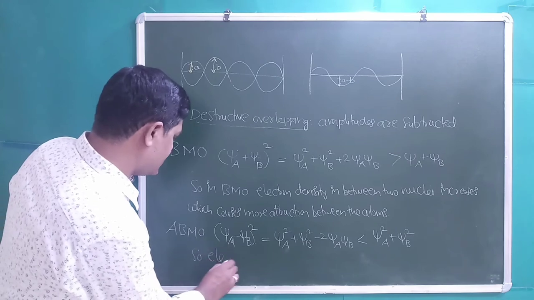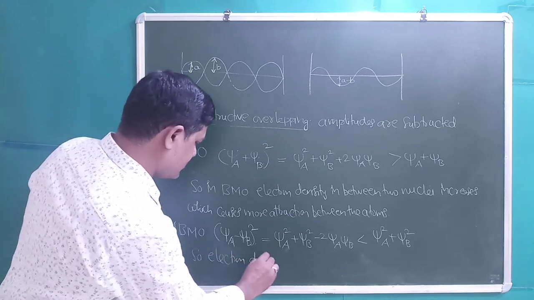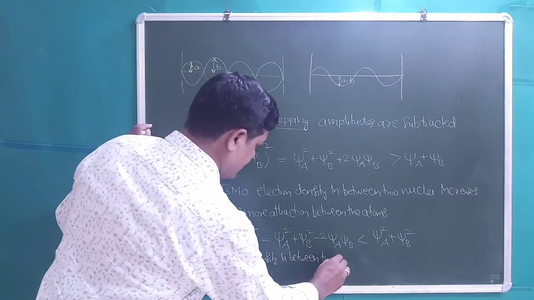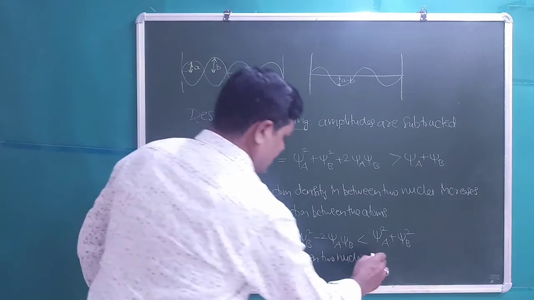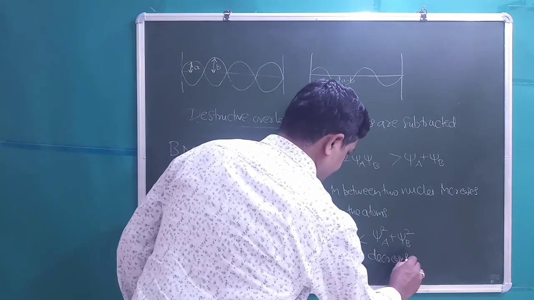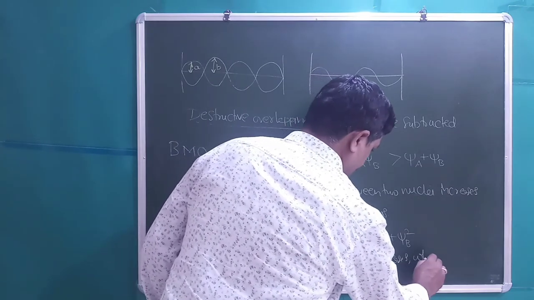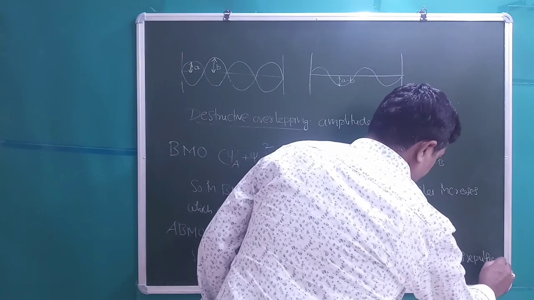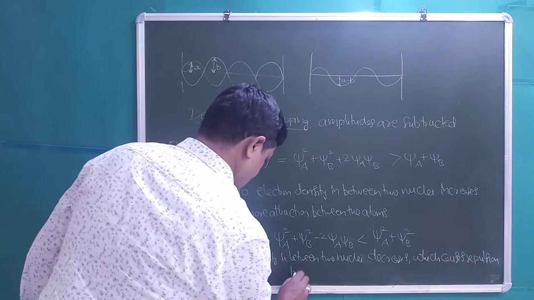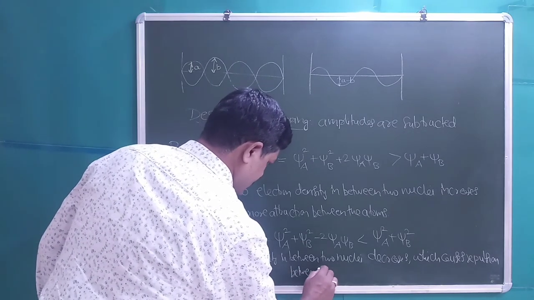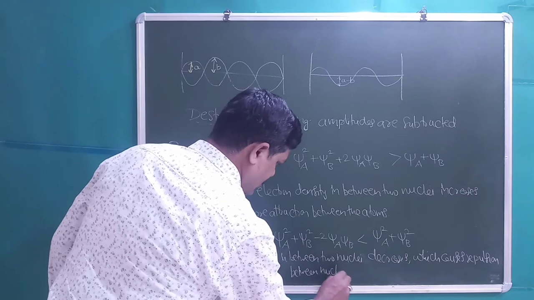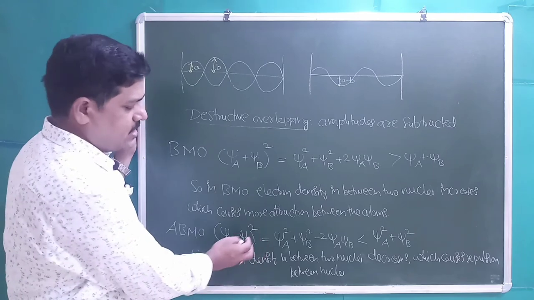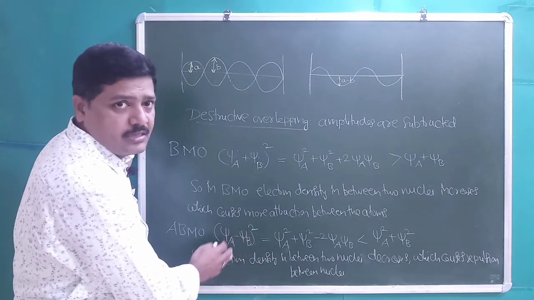So electron density in between two nuclei decreases, which causes repulsion between nuclei. When repulsions are more, the energy will be more, which causes instability of the molecule.